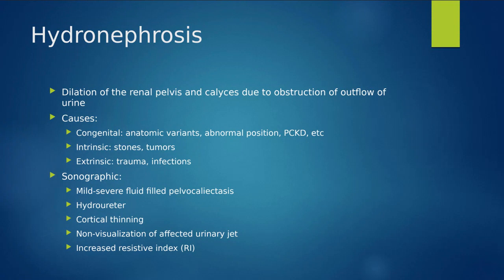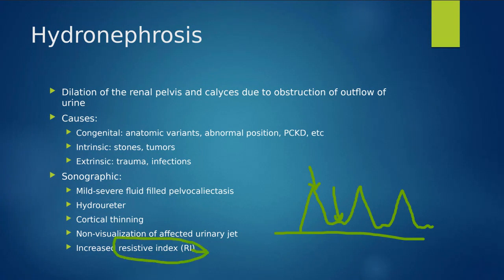When we do a resistive index and we have our arterial waveform, we are measuring our peak systolic velocity and our end diastolic velocity. Those two measurements are going to calculate a ratio. That is going to give us our resistive index. If that ratio is too high, we know that something's wrong and that's affecting the overall function of the kidney.